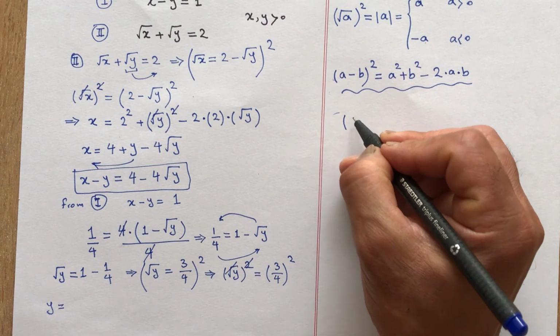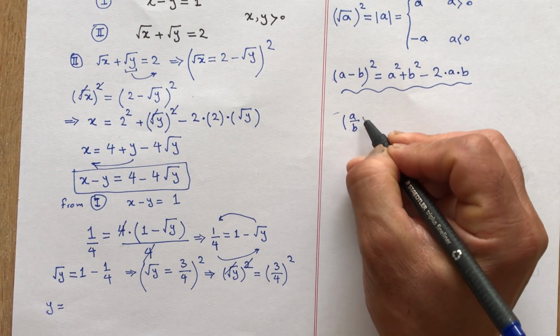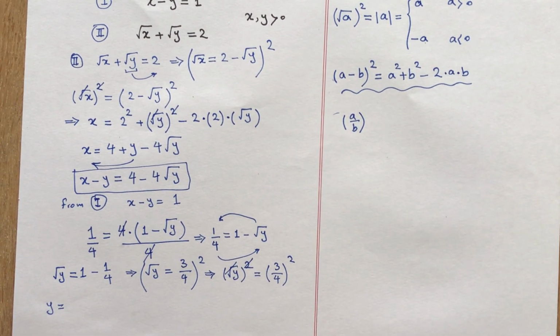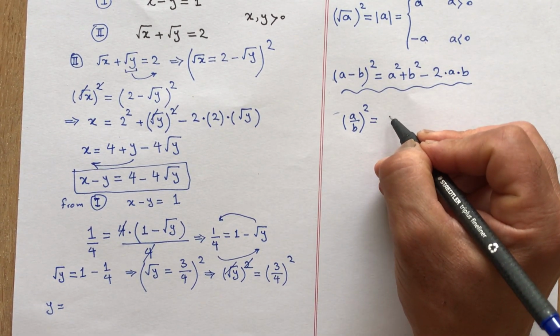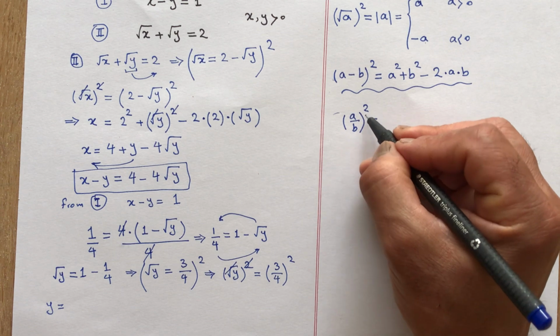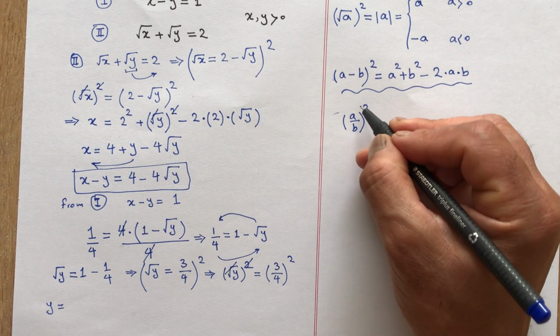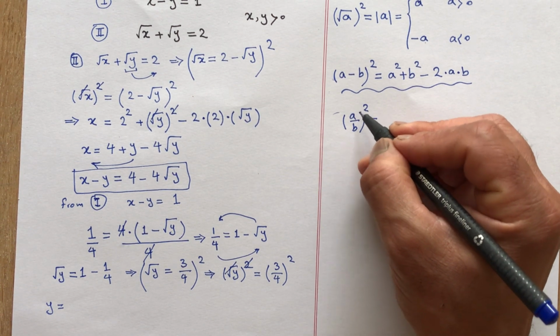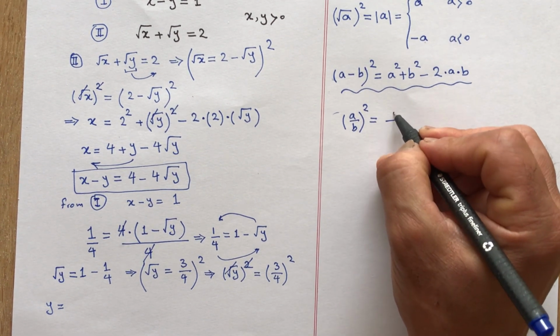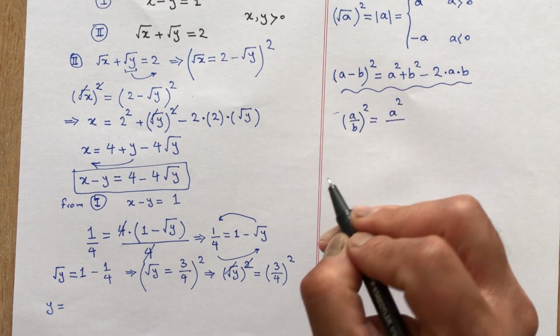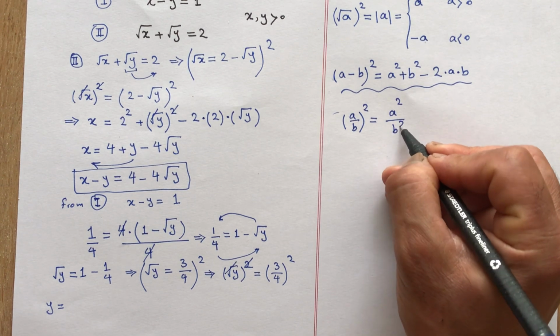When a over b gets raised to the power of 2, this power affects both a and b, like this, a squared and b squared.